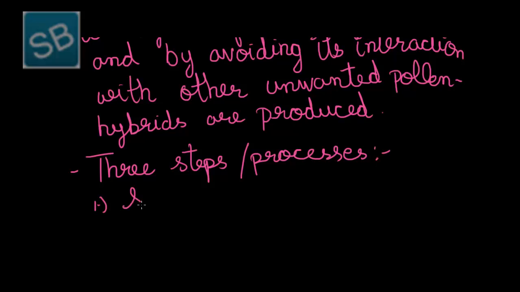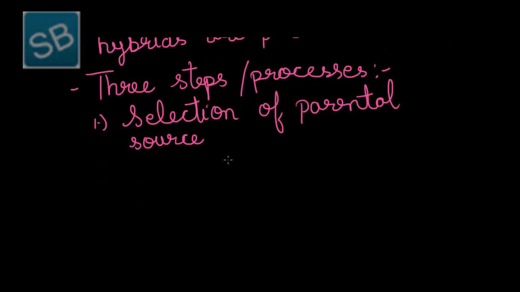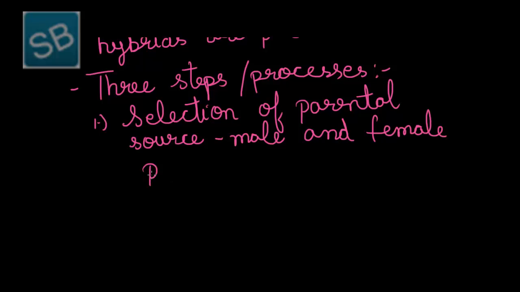First, selection of the parental source, that is the plant which has to produce the hybrid. Parental source involves both the male and female source, that is the male and female plant that have to be interacted to produce the hybrid.